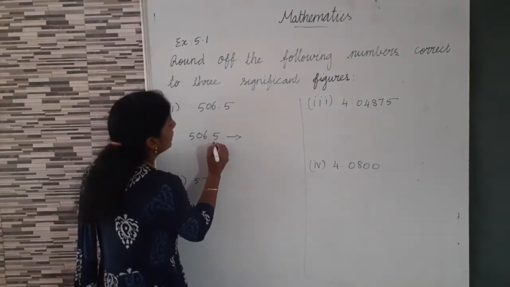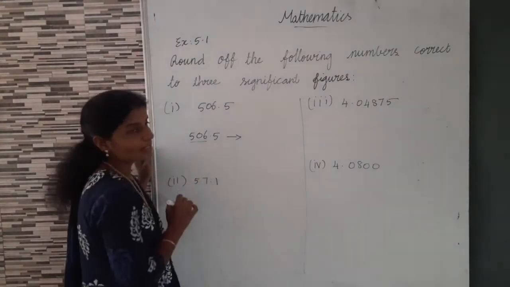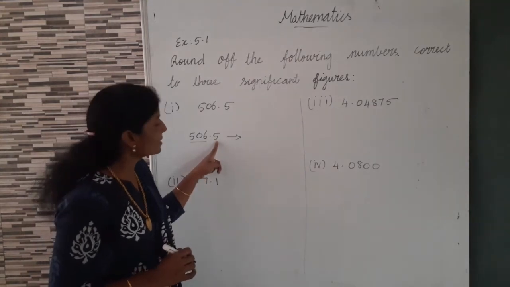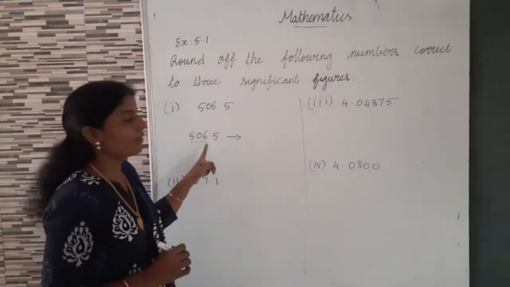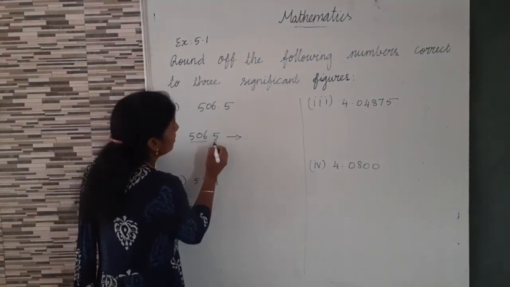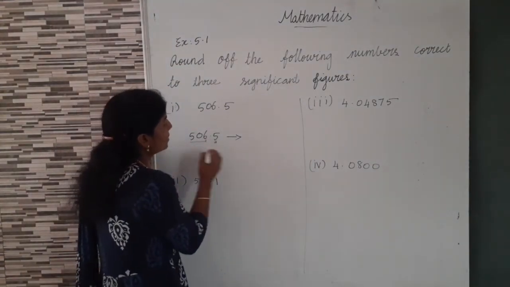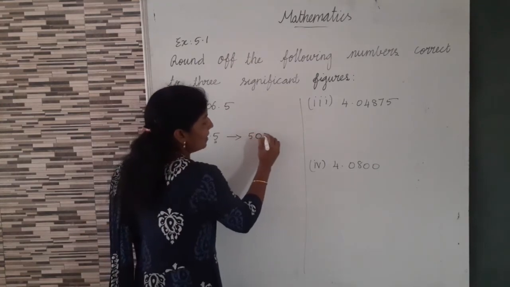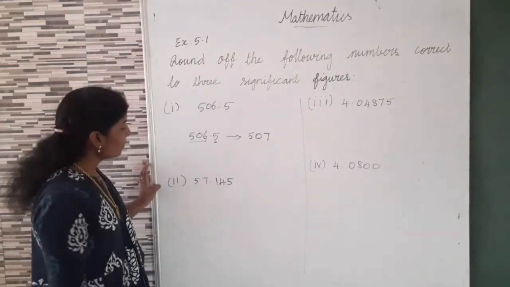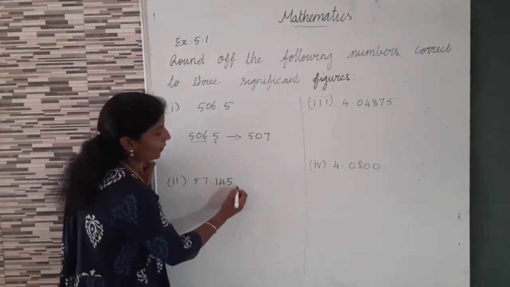Okay. Now here we need 3 significant figures. Then we can omit this fourth one. Fourth digit is 5 or more than 5 means we can add 1 here. So this 5 means we can add here 1. So 507. Did you get 3 significant figures? Okay. Now second one, 57.145.